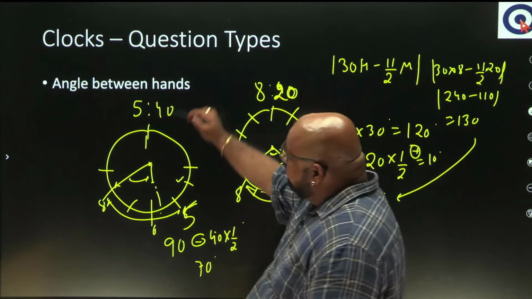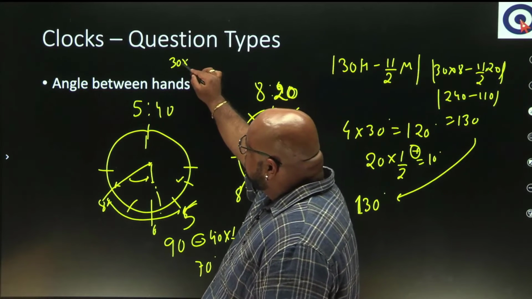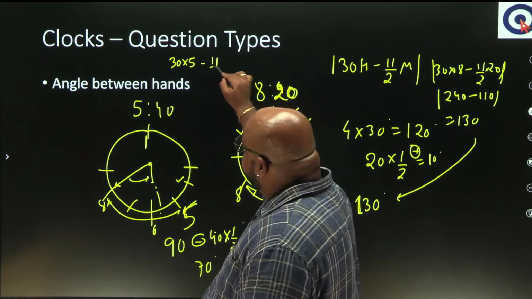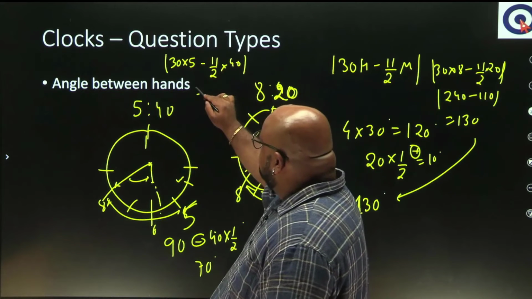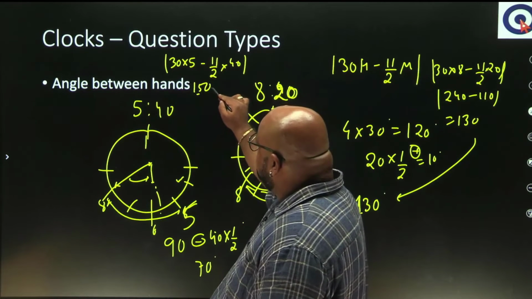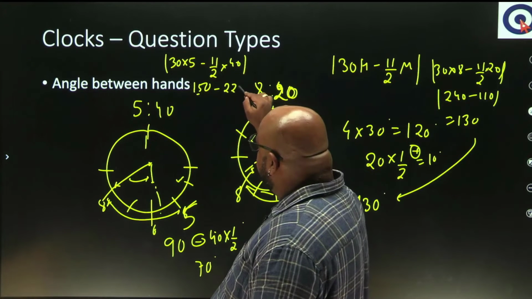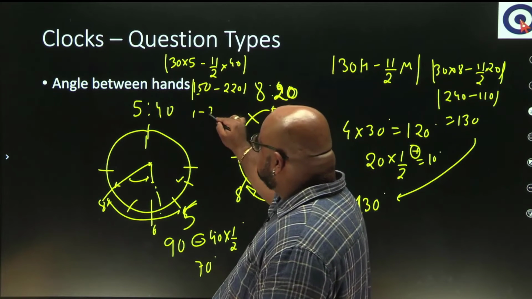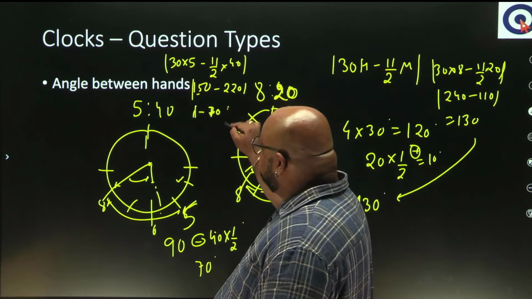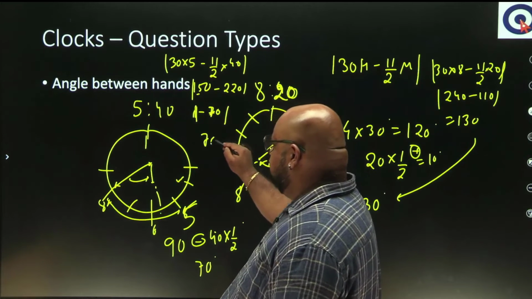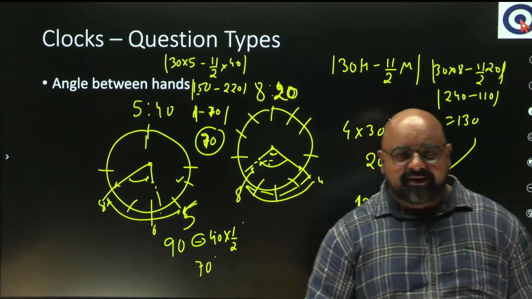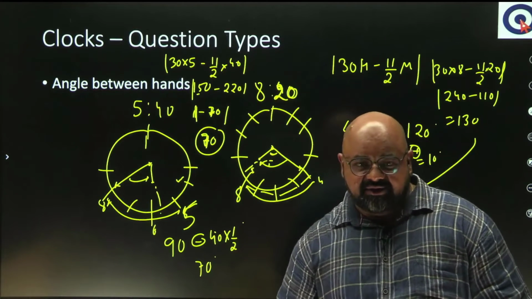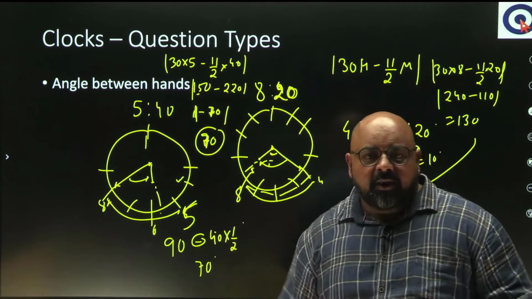Here it will become 30h minus 11 by 2 into 40. So mod of 150 minus 220, that is mod of minus 70. Mod means you just have to remove the negative sign. For anyone who does not know, that is what we know mod as. You can get the answer. So either you can use that formula directly or do it by yourself.